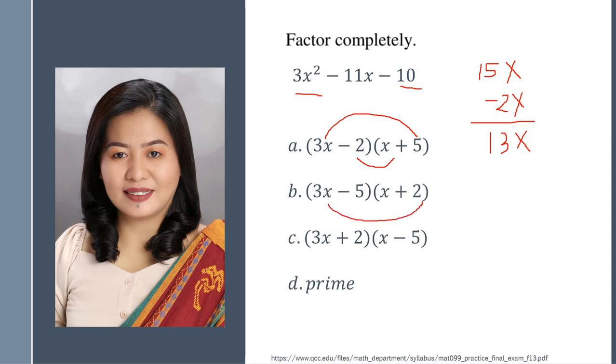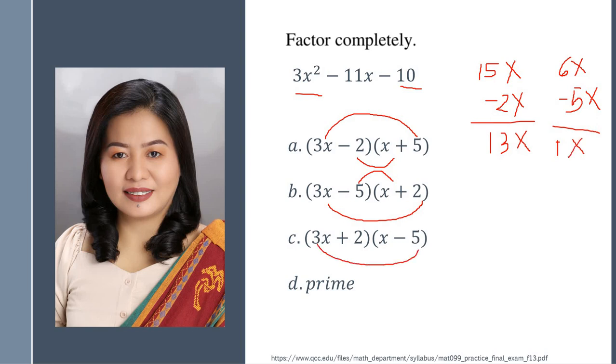3 times 2 is 6x, and negative 5 times 2 is negative 5x. It will also not give us the correct answer because it gives us, no, it's a 1x.